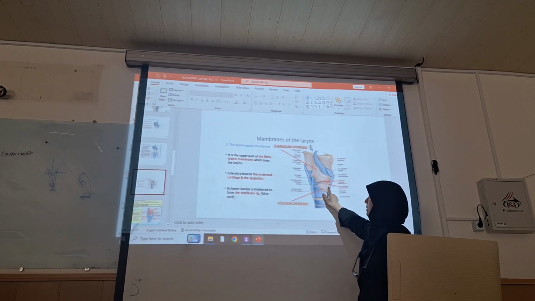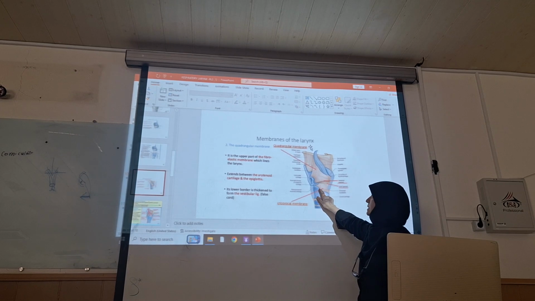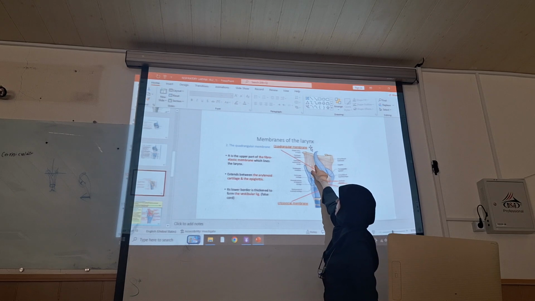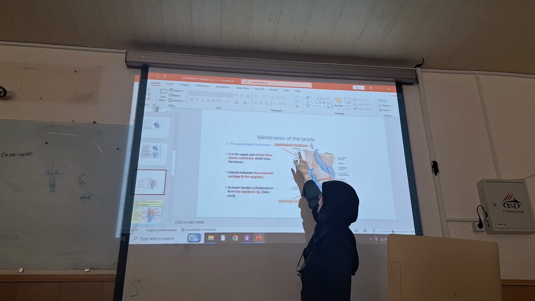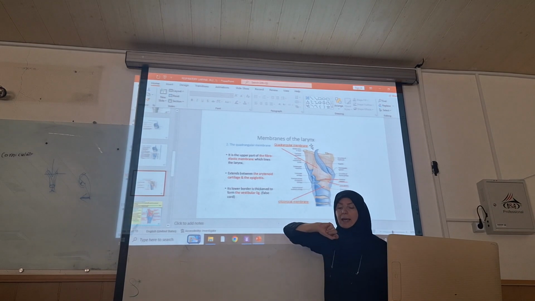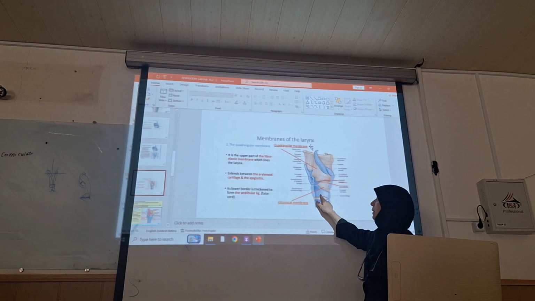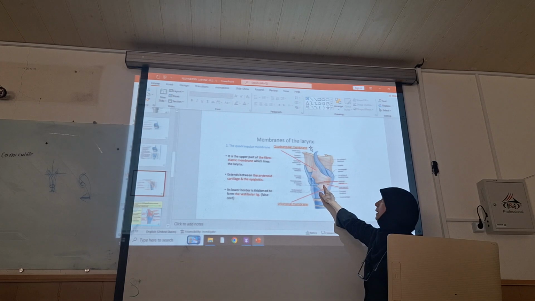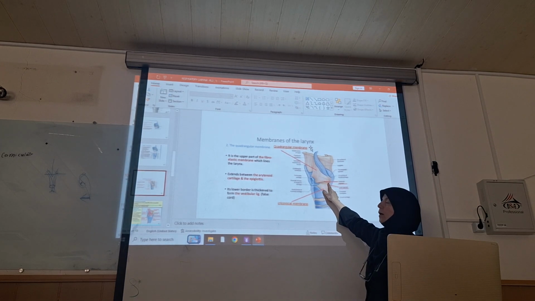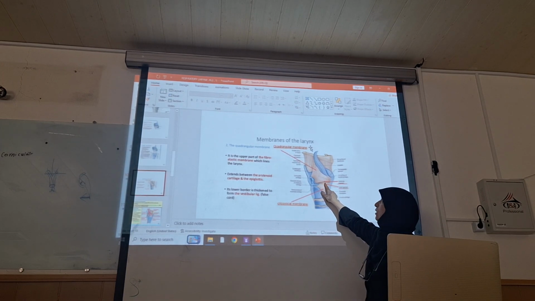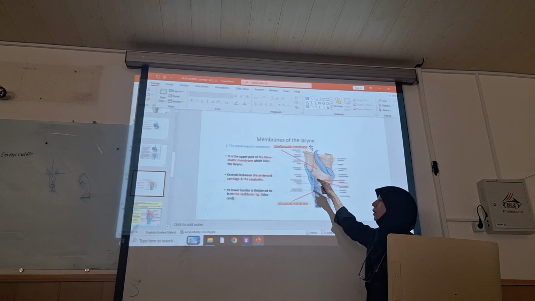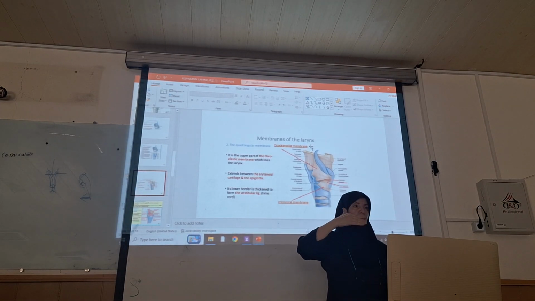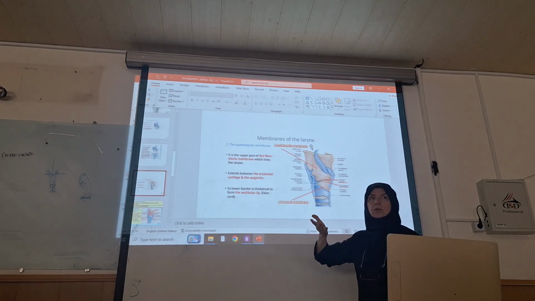You know the name of this membrane. It is the cricothyroid membrane. What's the name of this membrane? We can call it the quadrangular membrane. About the cricothyroid membrane, the superior border is free and is going to make for us the vocal ligament. What's the other name of the vocal ligament? True vocal cord. True vocal cord.